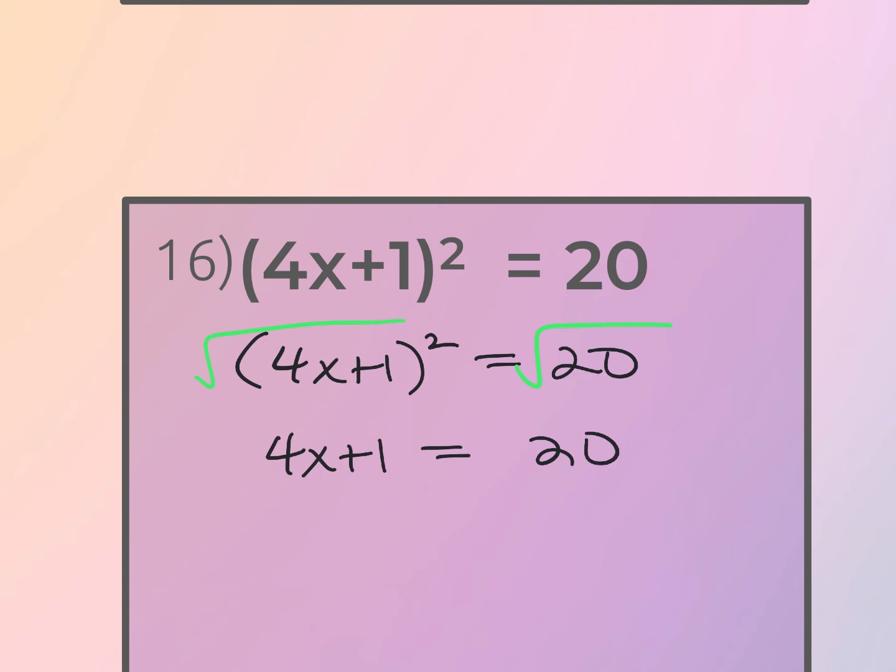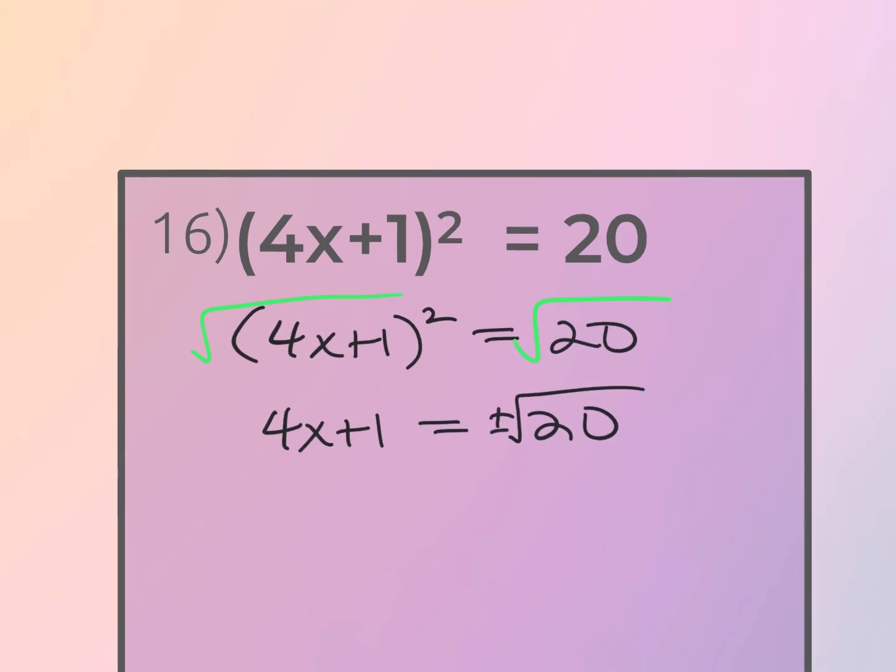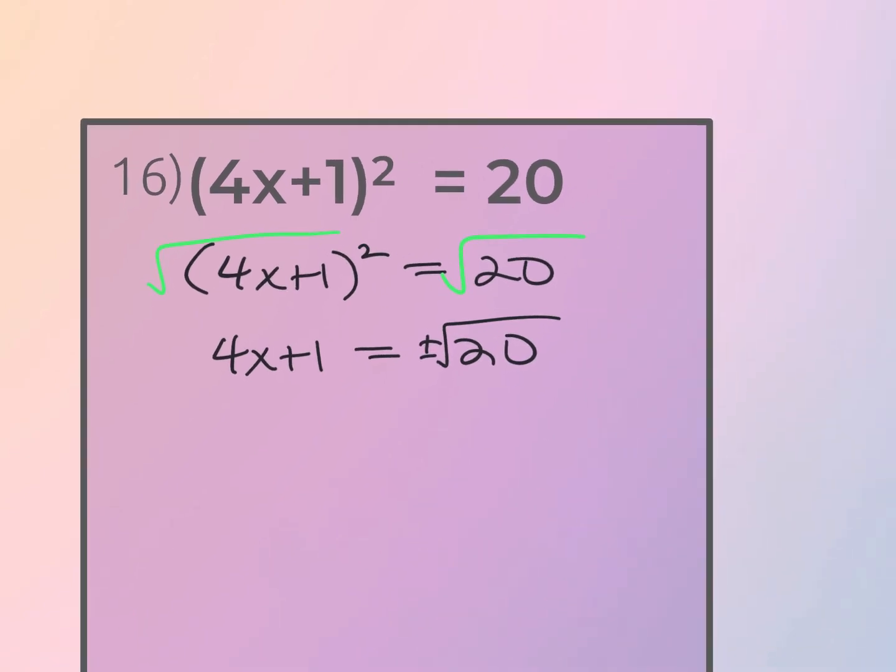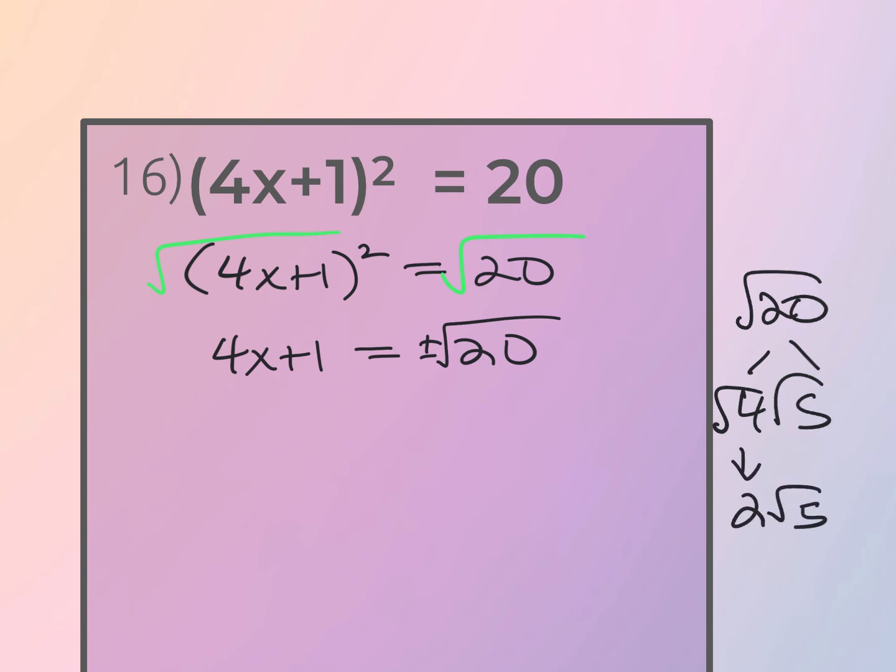And this becomes plus and minus the square root of 20. Now, what you probably should do is break down the 20 first. This could be 2 and 10, 4 and 5. I'll do 4 and 5. And then if you realize 4 is a perfect square, just square root it. So 4x plus 1 equals plus and minus 2 square root 5.